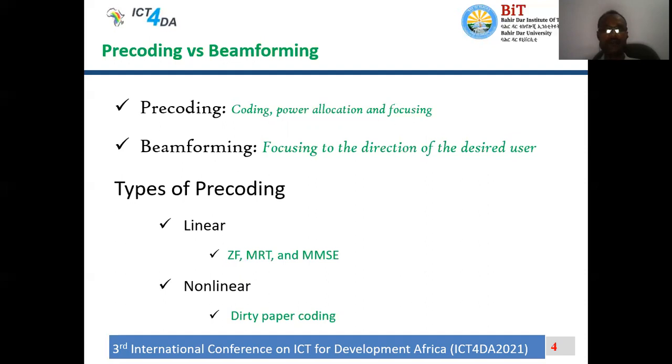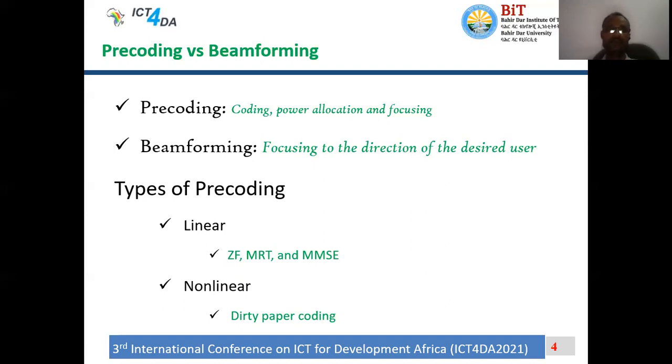What we mean by beamforming is simply focusing the signal in the desired direction of the user, whereas precoding means coding of the signal and associating that code with some power allocation and the desired direction of the users.